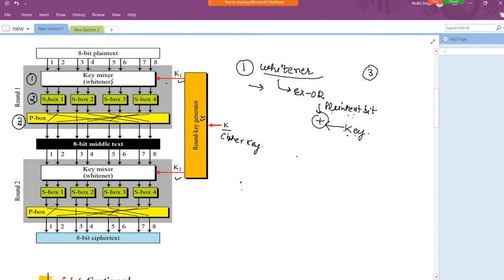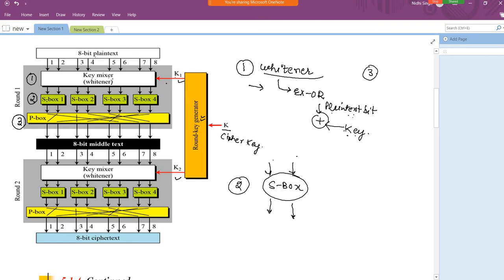Now what is my second transformation? That is substitution. For this substitution, I am using an S-box with 2 inputs and 2 outputs, because I told you the invertibility of the S-box is possible only when the number of bits in the input and the number of bits in the output are the same, otherwise invertibility is not possible.